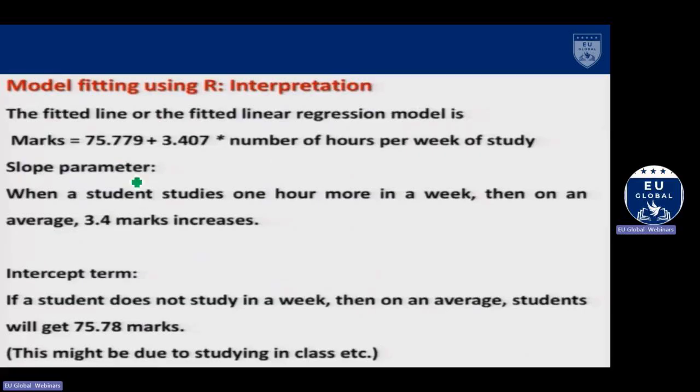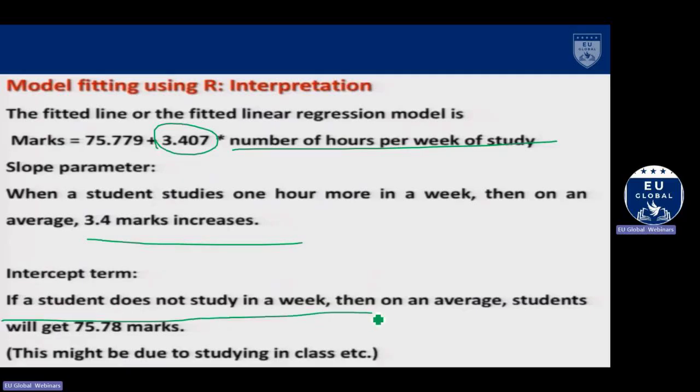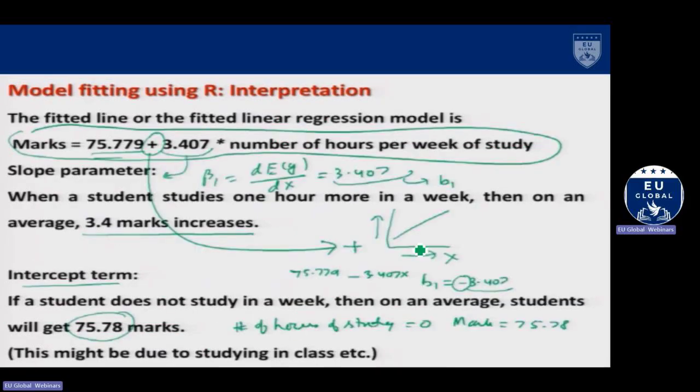The interpretation is that when a student studies 1 hour more in a week, on average marks increase by 3.4. Even if the student does not study at all in a week, suppose x is zero, he still gets 75.78 marks. This may be because he is studying in the class.